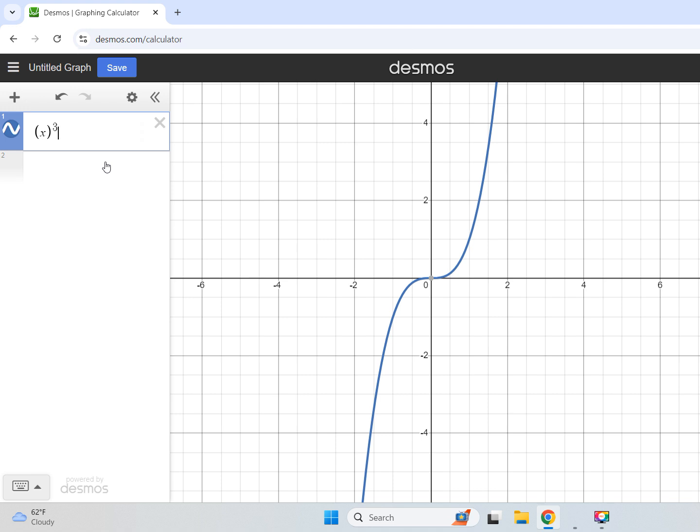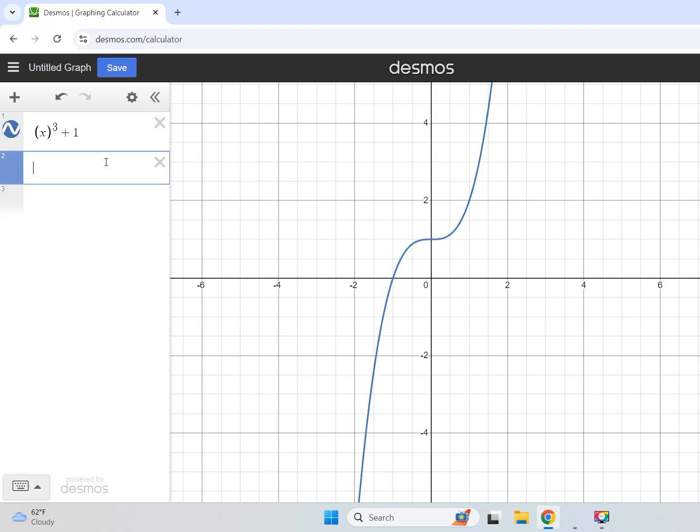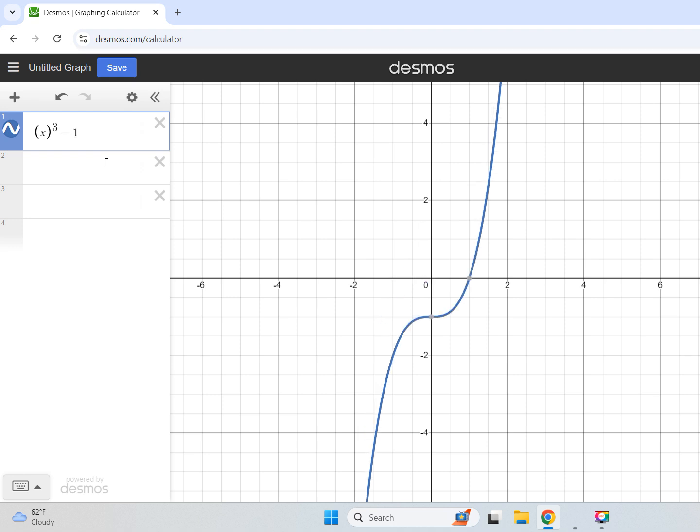Let's predict what would happen if I do x cubed plus 1. Well, you probably already know that x cubed plus 1 is just going to be the graph of the cubic parent function shifted 1 unit up. Okay, now let's do minus 1. Well, as you probably predicted, it's the cubic function shifted down 1 unit.